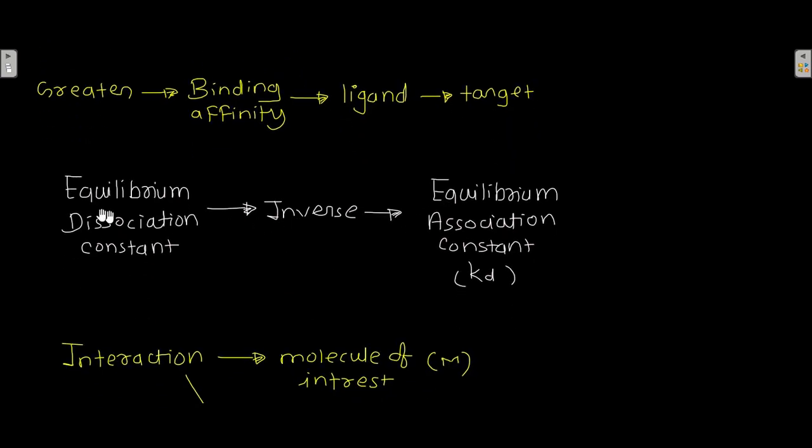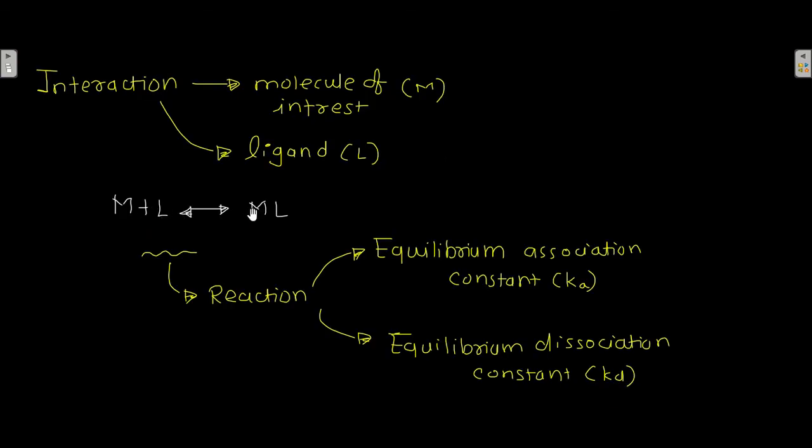Now this equilibrium dissociation constant is the inverse of the equilibrium association constant. The equilibrium association constant is represented by Ka, and the equilibrium dissociation constant is represented by Kd. So Kd is just the inverse of Ka, or Ka is just the inverse of Kd. This reaction represents the interaction between the molecule of interest M and the ligand L, and the ML complex will be formed.